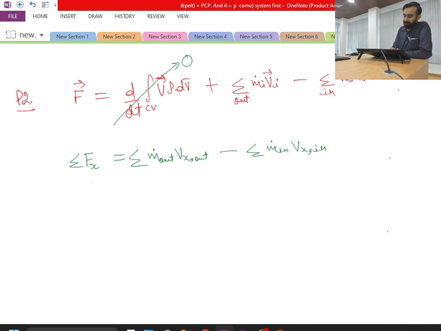So ultimately what I will be getting now is that the sum of forces in x direction will be equal to m dot out into Vx out, which is V cos theta, minus m dot in into Vx in, which is equal to V.